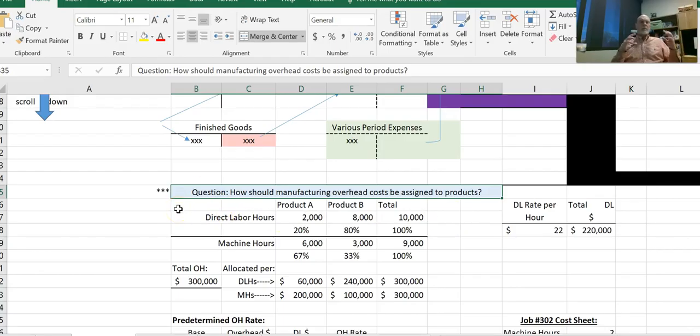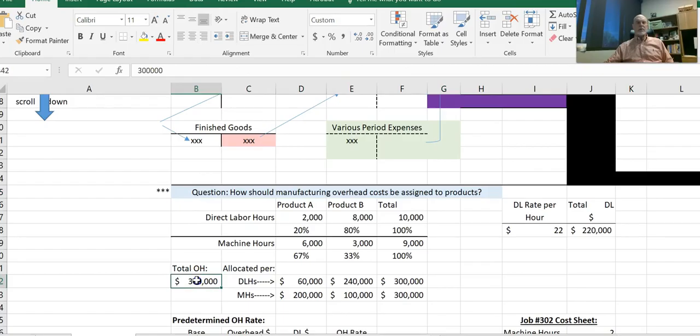Well, what we're going to do is pick some reasonable way to allocate the cost. As an example, suppose we have total overhead cost of $300,000. So what we could do is assign all of that overhead to our production based on how many labor hours were involved.